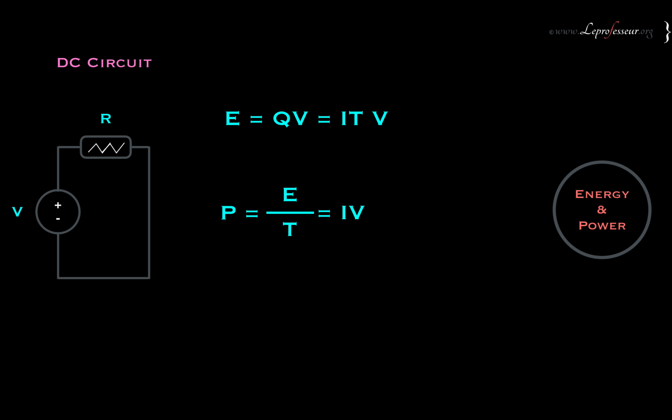That is for the DC circuit, and this is a static power. Good. This amount of power will be dissipating no matter whether the capacitor is charging or discharging. It's a static power.